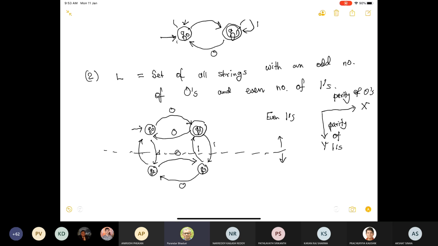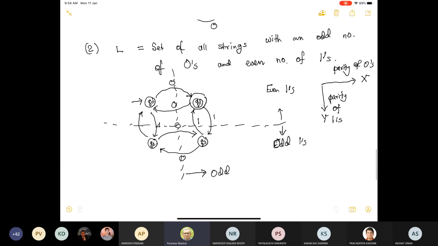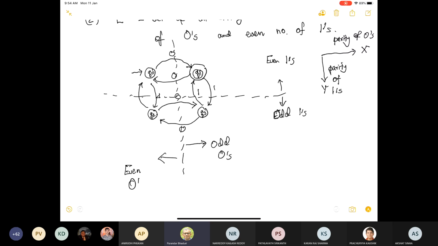And below the line is odd number of ones. And similarly, you can think of a vertical dotted line. To the right of this is odd zeros. And to the left, you have even zeros, even number of zeros.